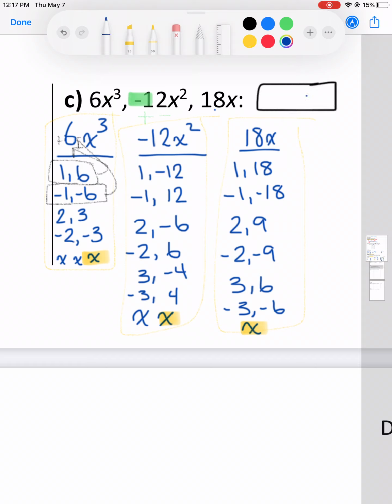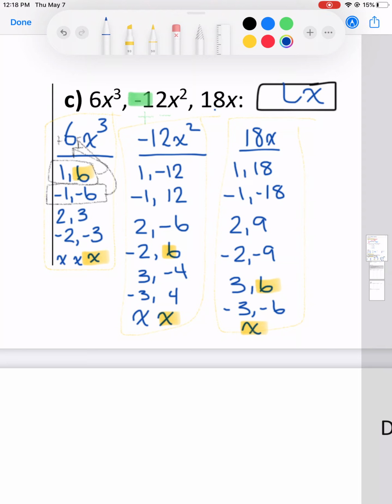We know there's going to be an x. What's my biggest number that appears in all of them? The biggest number here is going to be a 6, right, for 6x cubed. Because that's the biggest number, we'll have to see if it's everywhere else. So there's a 6, there's a 6, and there's a 6. Why didn't I use negative 6? Because negative 6 is smaller than positive 6.